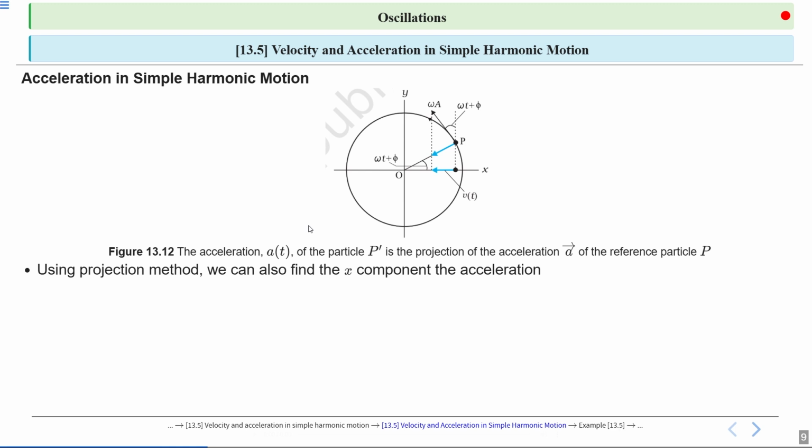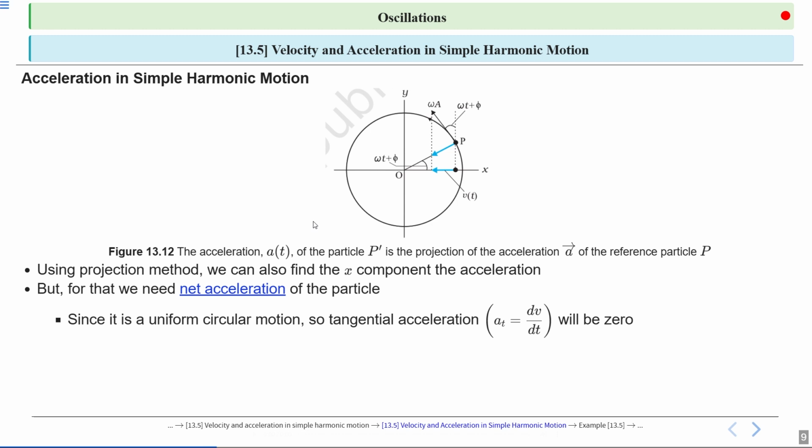In SHM, the motion along x-axis is what we are really interested in. But before we can find that x component, we need to know the net acceleration of the particle. The net acceleration is the total acceleration acting on the particle at any instant. Net acceleration determines how the particle's velocity changes as it moves.